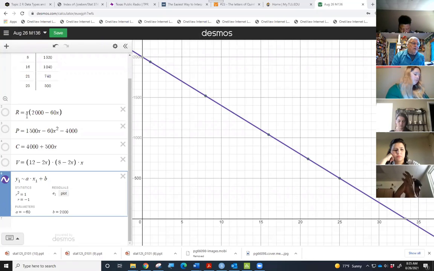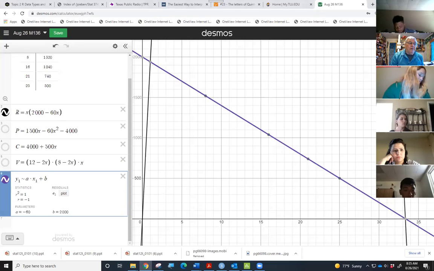The revenue is equal to how many units we move times what we can expect will be paid for those units, and this is just our price demand function. We clean this up and we know another form for it, but Desmos will do that for us also. So I'm going to turn that on, just a click on and off, and it's going to be in black. And here it is.